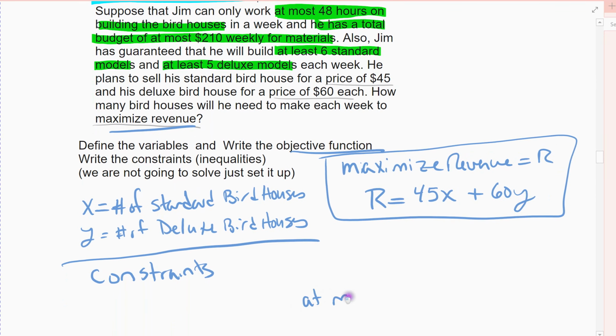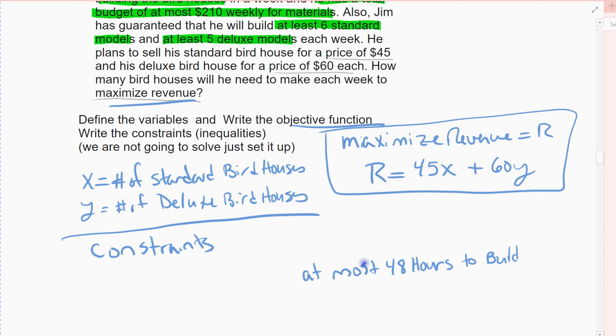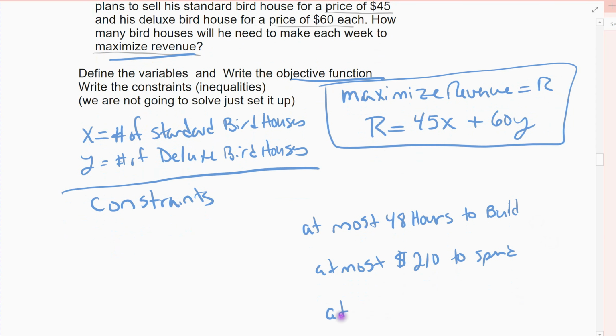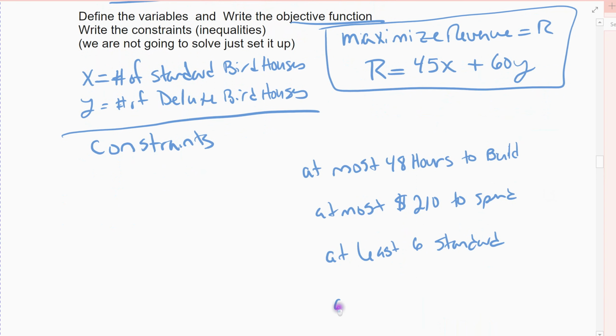We have at most 48 hours to build, at most $210 to spend, and then we want at least 6 standard and at least 5 deluxe.